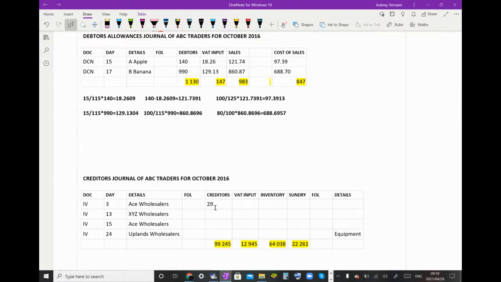And can you see something here? Again, we don't have a bank account. We have creditors, but guess what? The creditors again is the VAT inclusive amount. So 29,790. What is the input VAT there? We quickly say 15 divided by 115 times 29,790.